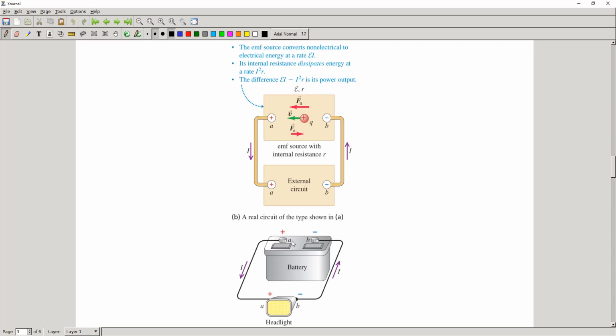It's fighting against the natural electric field that would be set up inside this battery. It's converting this non-electrical energy to electrical energy at a rate of, well, it's EMF times the current, right? And its internal resistance is dissipating this energy at a rate of I squared R, right?